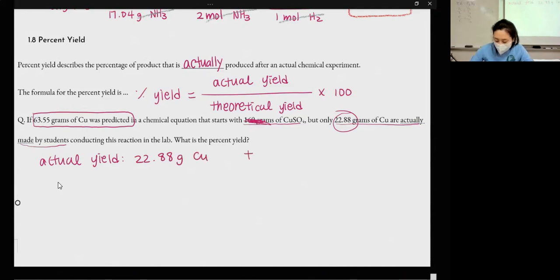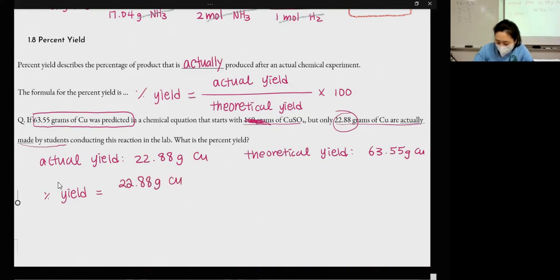And then theoretical yield would be 63.55 grams of Cu. So your percent yield will equal 22.88 grams of Cu over 63.55 grams of Cu times 100.